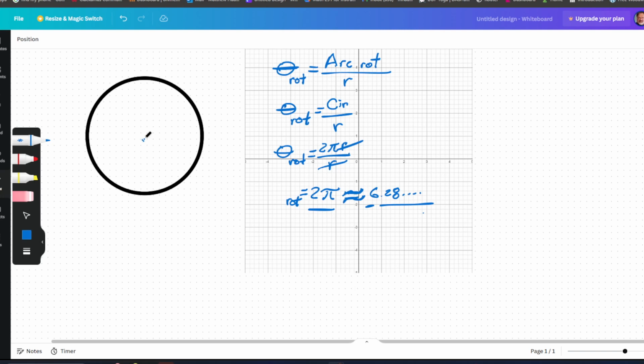For example, if we had a, say, radius 7 circle, and we went through an angle theta of, say, 1.3 radians, and we wanted to find what this arc length was, well, we can do that.